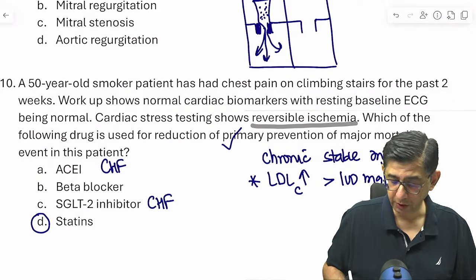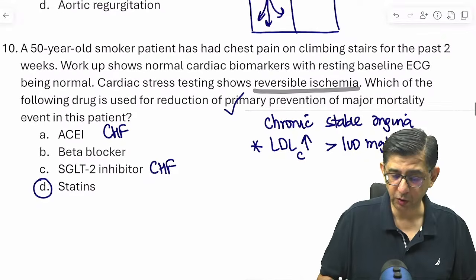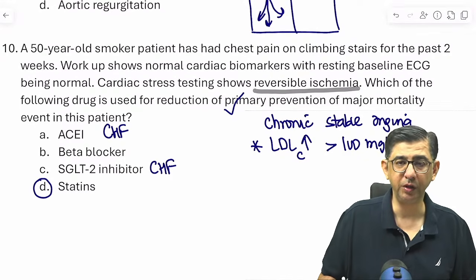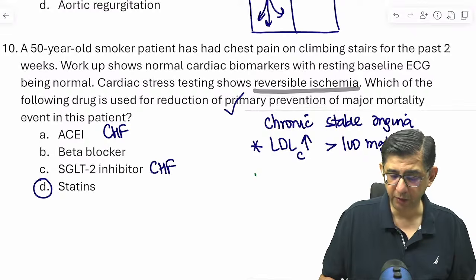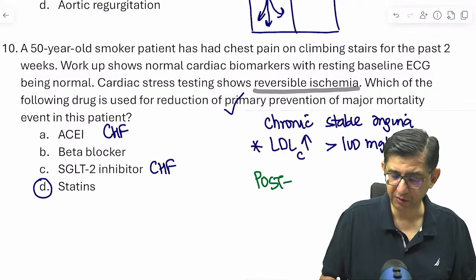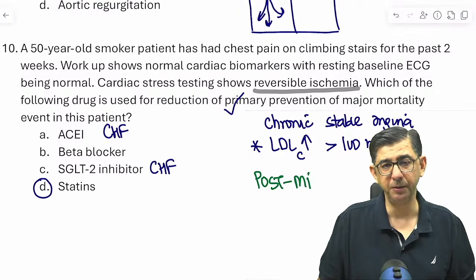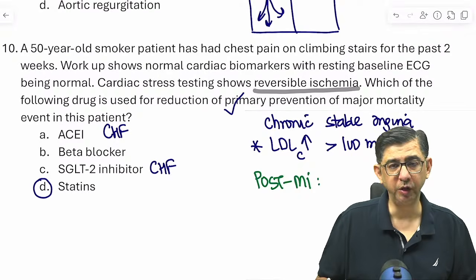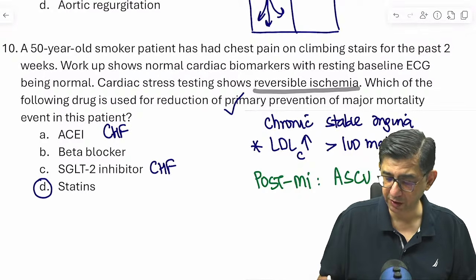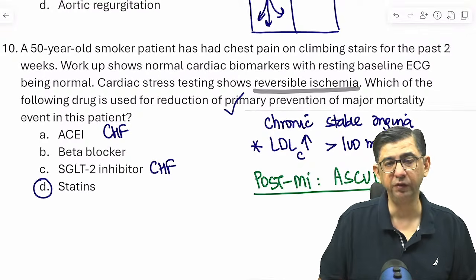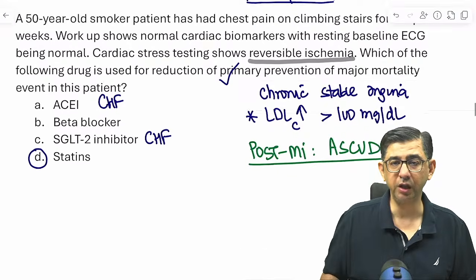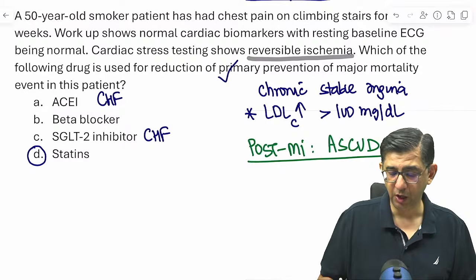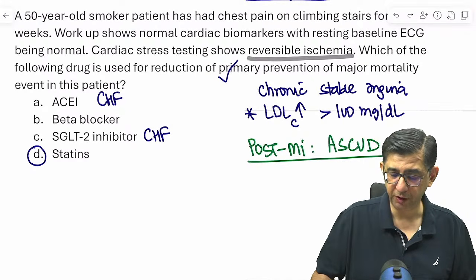When will you answer beta blocker? If the question said that this particular guy already had an MI. Like if I say to you that there is a post-MI patient, he already had a heart attack. And in this post-MI patient, there is already presence of ASCVD, that is atherosclerotic cardiovascular disease. Now, what are the drugs that I'll be using to prevent the chances of myocardial infarction in future?